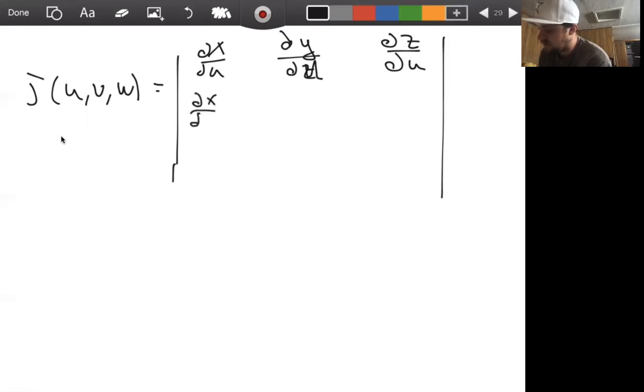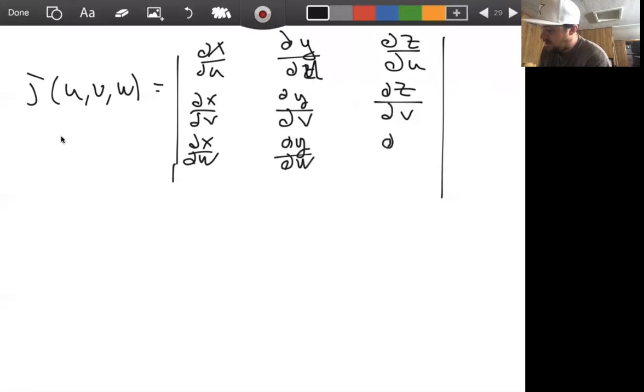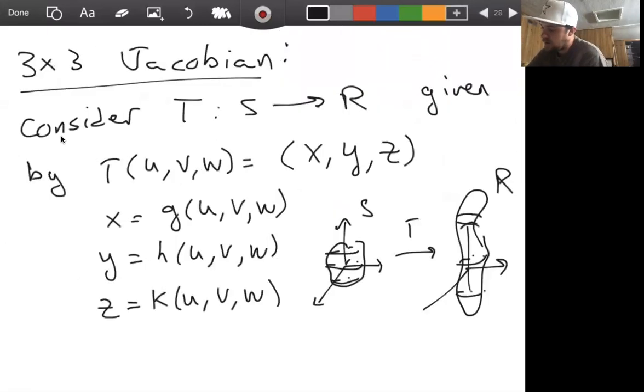So dx/dv, dy/dv, dz/dv, and then the last one is with respect to w. So dx/dw, dy/dw, dz/dw. And so here's the Jacobian for a transformation of 3 variables, like you're transforming from a 3-variable region to a 3-variable region.